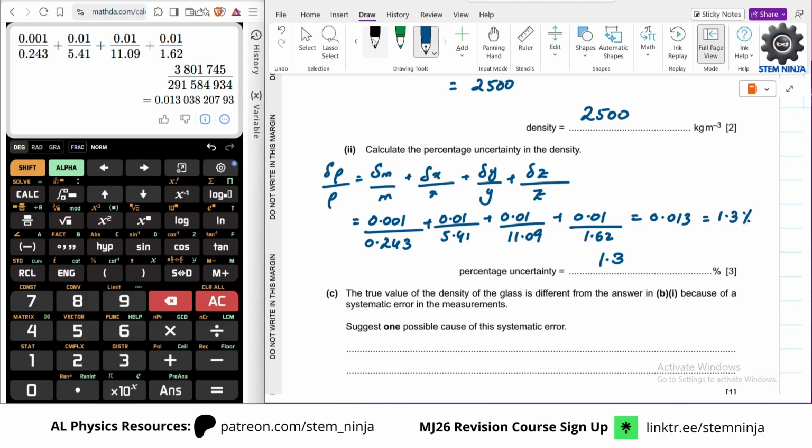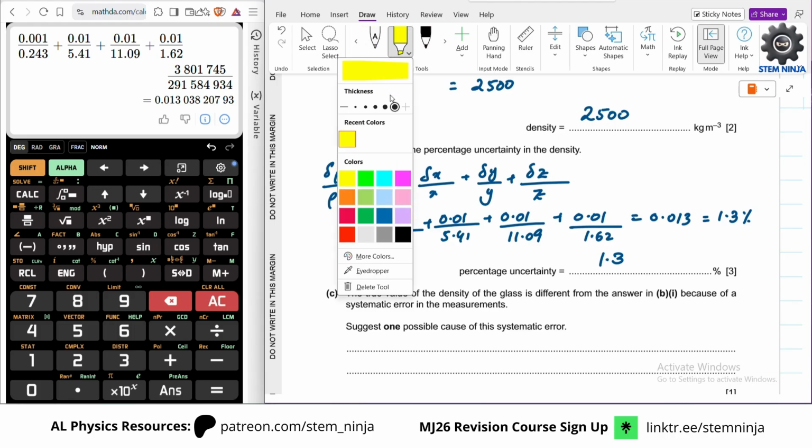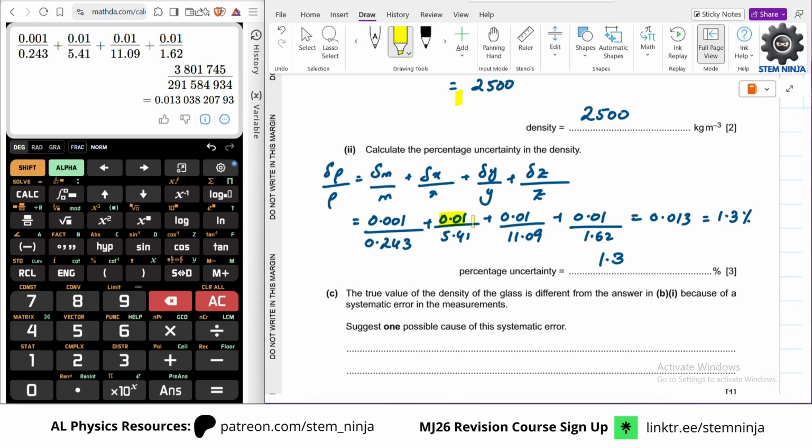One question that may come up is why we used the centimeter values over here. When we have, for example, 5.41 plus minus 0.01 centimeter, to convert it into meters we would divide both of these things by 100, not just one, both of them.